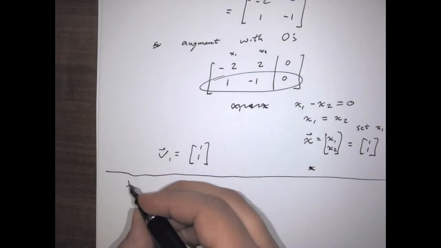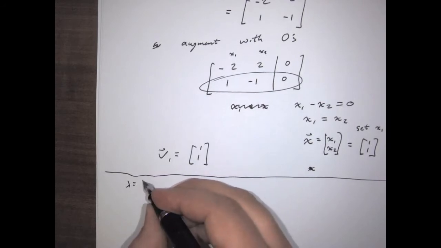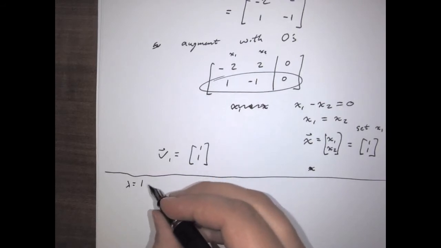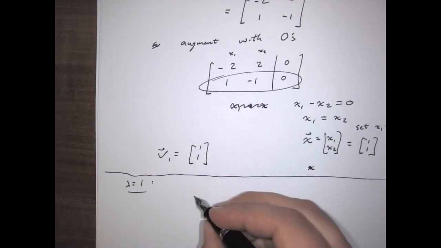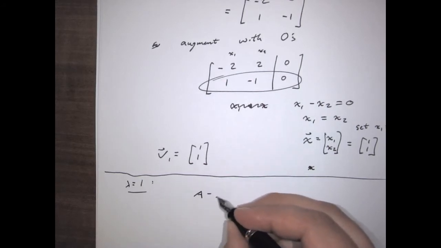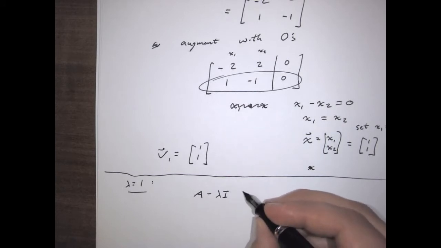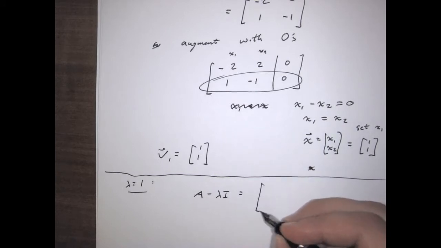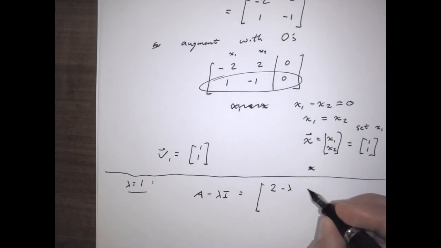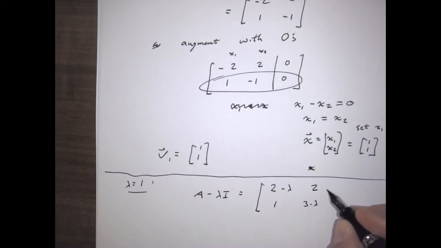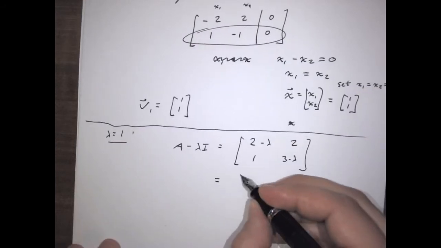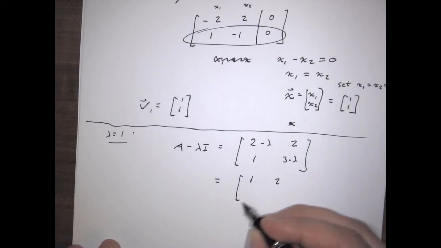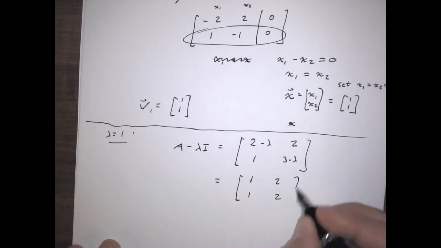Similarly, for the other eigenvalue, lambda equals 1, A minus lambda I will be 2 minus lambda, 2, 1, 3 minus lambda, where now the 1s are going in there, which makes 1, 2, 1, 2.